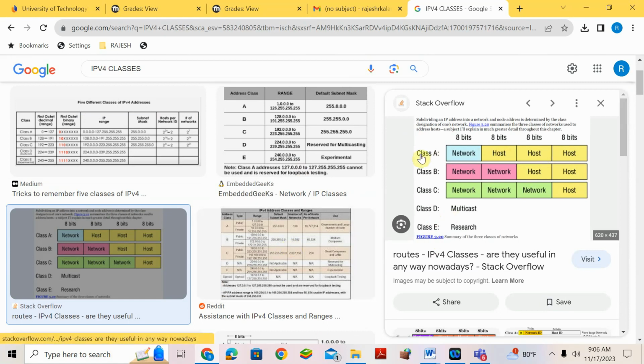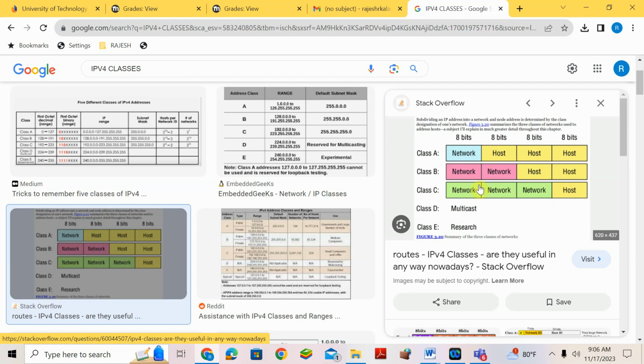See here, class A means out of the 32 bits, the network will be the first 8 bits, and the remaining 24 bits are host. Class B means the first 16 bits, 8 plus 8, will be network, and the last 16 will be host. Class C will be the first 3 octets, 8 plus 8 plus 8, 24 bits network, and 8 bits host.